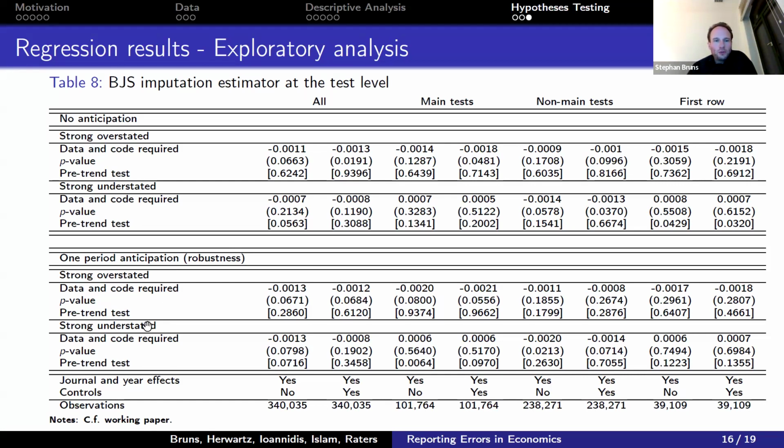For strong understated reporting errors, there's somewhat mixed evidence. It's interesting that something might be happening for non-main tests. Understated errors, which might reflect sloppiness, might happen more in non-main tests, so in control variables. And data and code policy may help to clean this up.